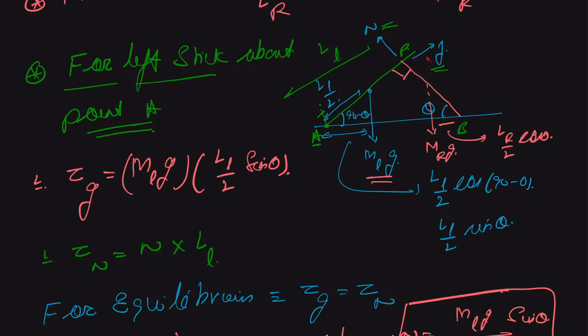Then there will be friction also, so this length is the length of the right. So the same calculation we can do for our right stick also, that is PB, and we are going to take it about this point B.